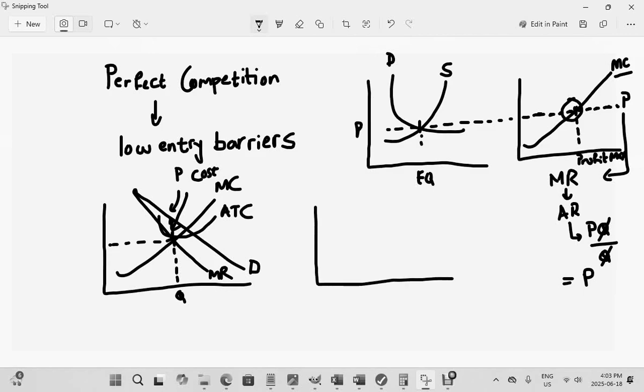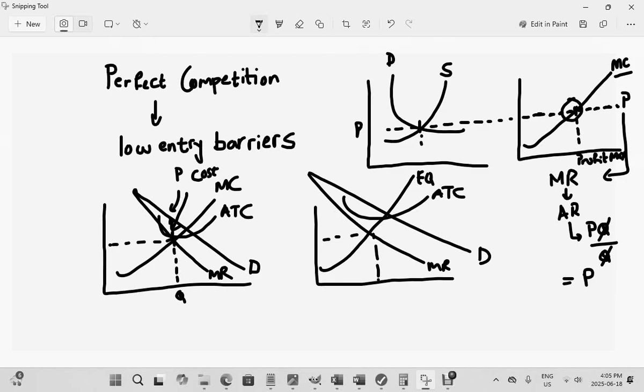Let me draw this over here. Assuming this is your marginal cost, at this point you have your profit maximization quantity. Above this quantity, you have your cost, and right over here, you have your price.